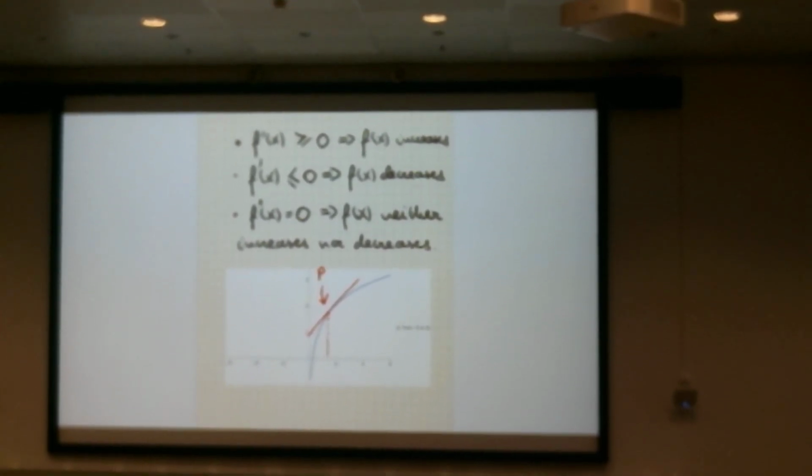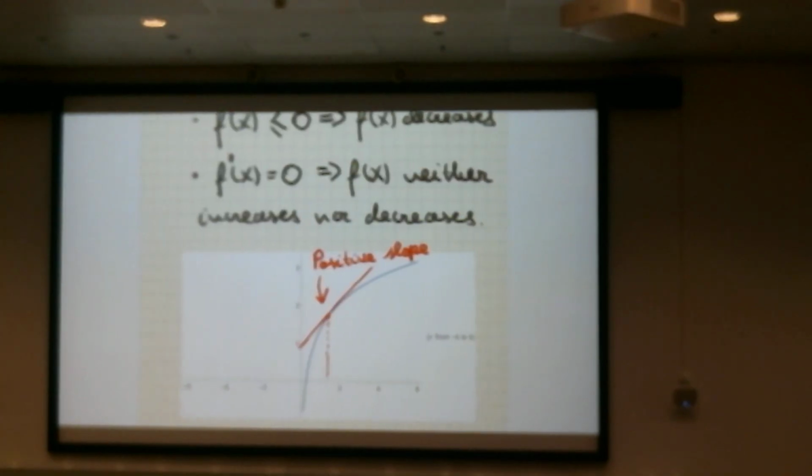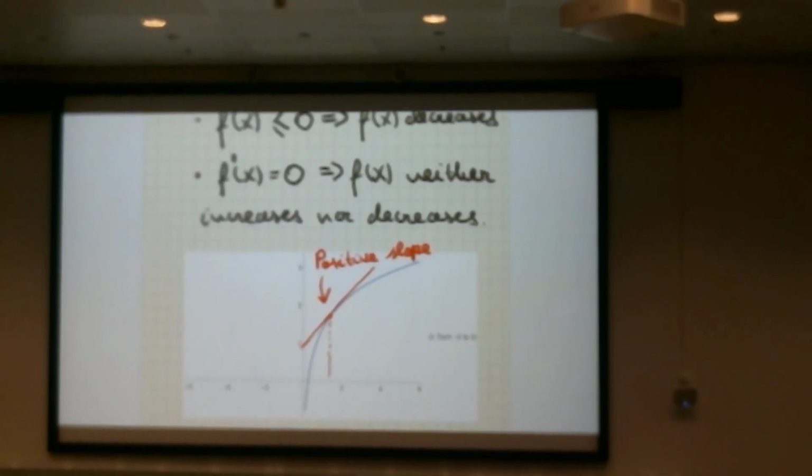For sure, we do not know what size it is, but it's clear that the slope is positive because this line is going upwards. That we know. And clearly, because the slope is the derivative at this point, if the slope is positive, then we detect that the function is climbing up because the tangent line goes upwards.